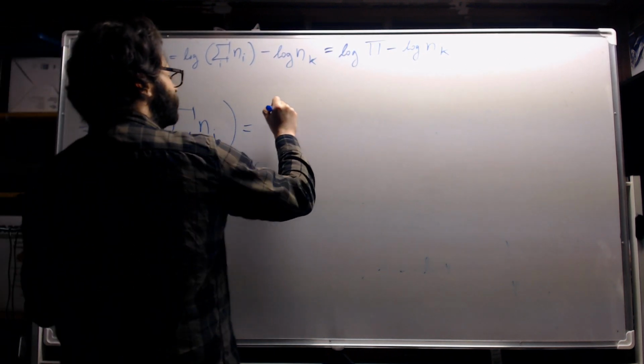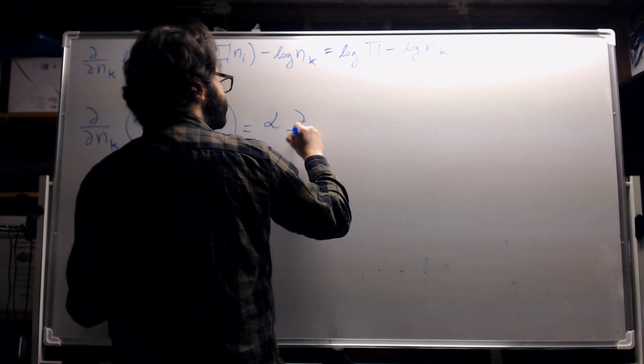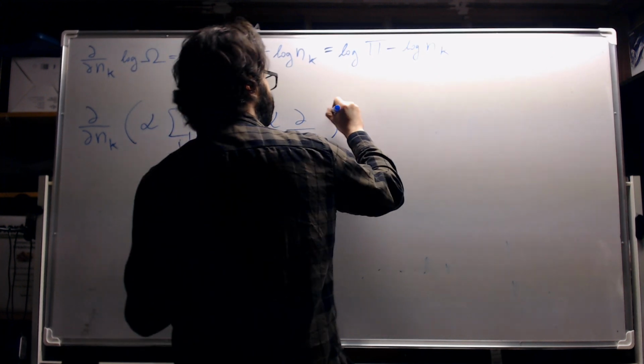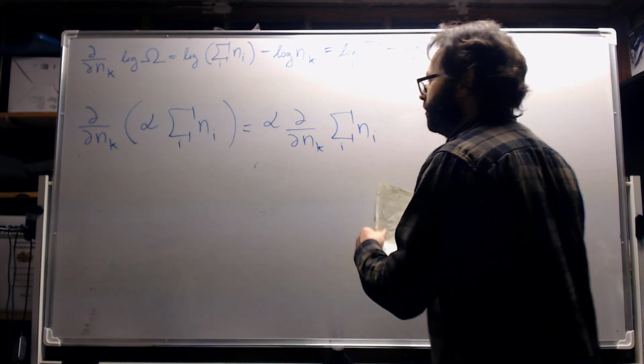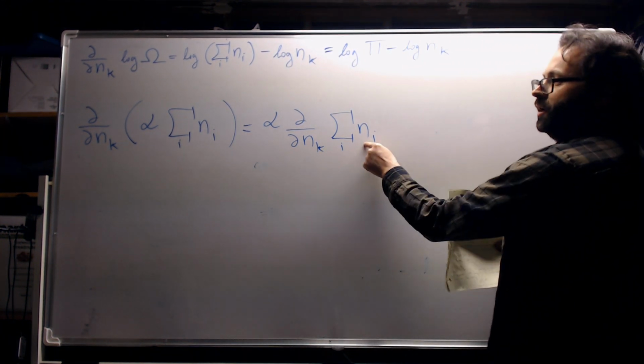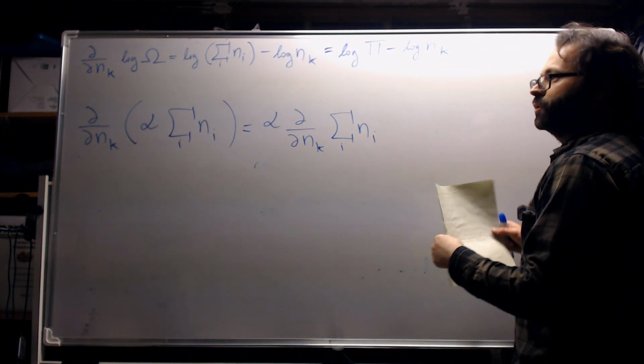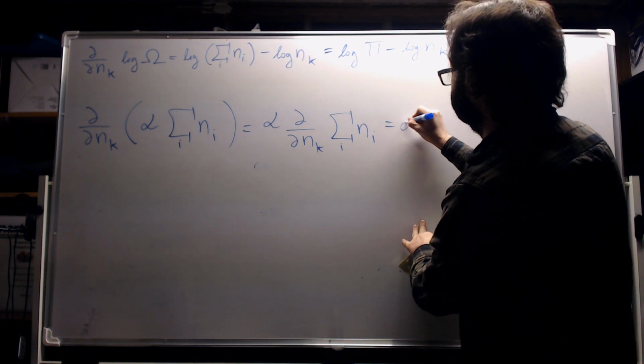Well, this is alpha d/dn_k of sum over i of n_i. Remember, there's only one place where n_k occurs in the sum. Its derivative is 1. So this thing is just alpha.